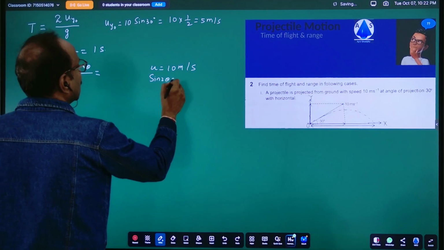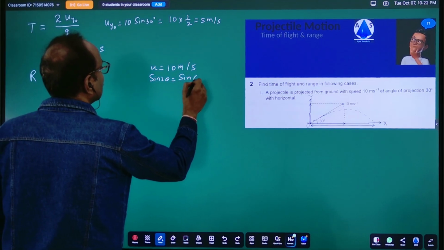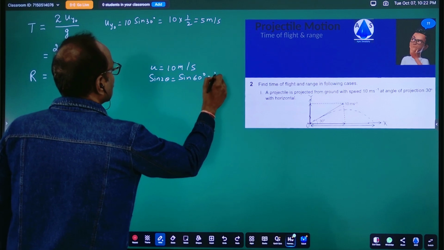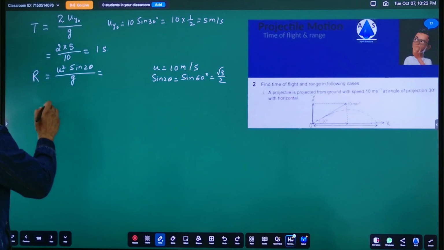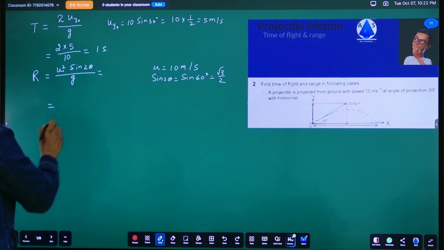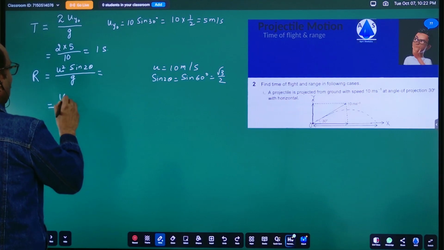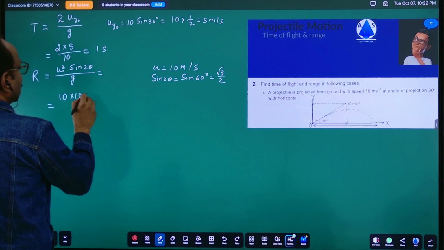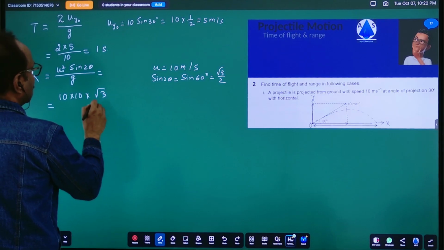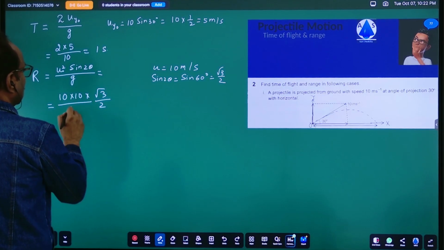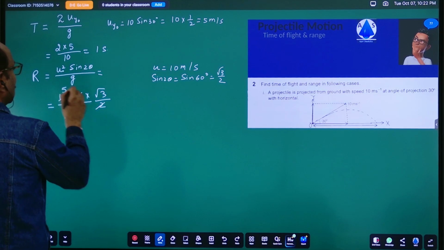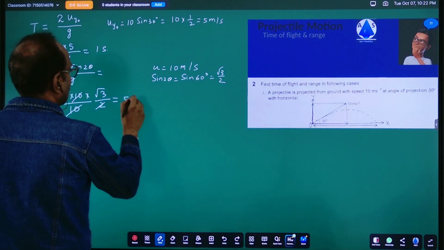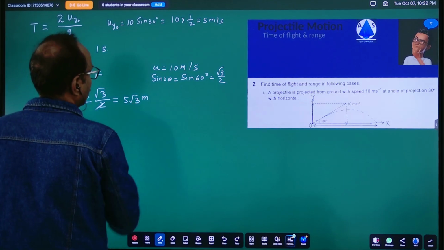Sine 2 theta is sine 60 degree, root 3 by 2. So put the value over here: 10 into 10, root 3 by 2, and g 10. So range is 5 root 3 meter.